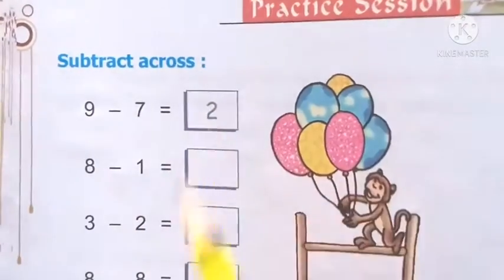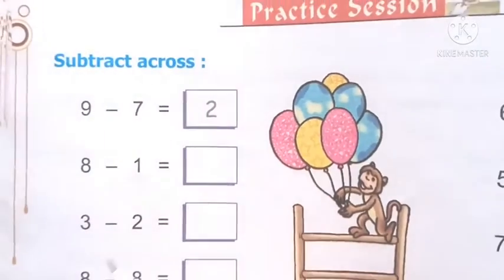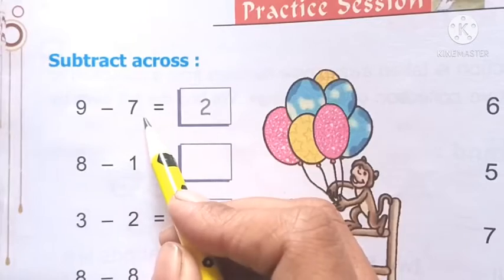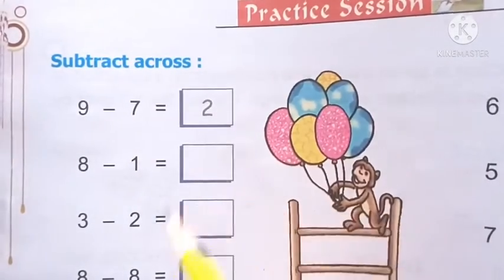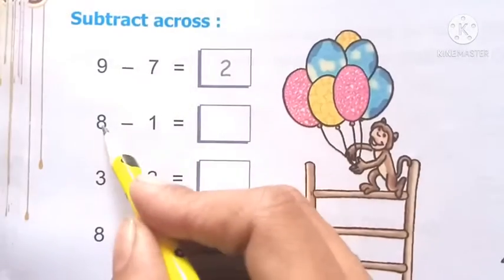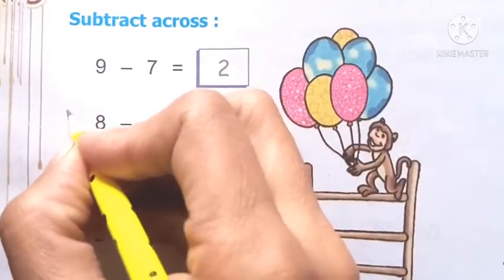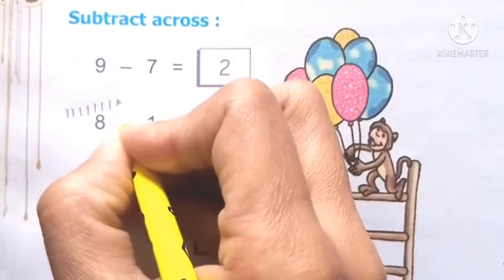Like this, we will solve some more problems. Subtract across. With the help of lines, we will solve it. 9 minus 7 is equal to 2. Now 8 minus 1. Draw 8 lines.